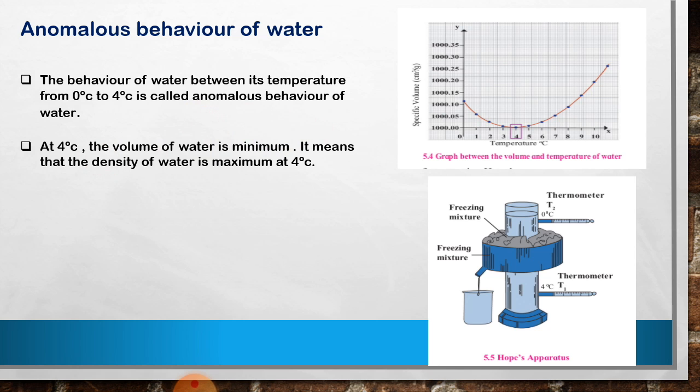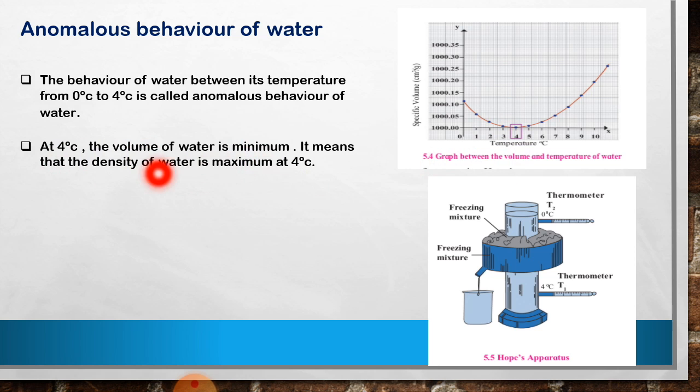At 4 degrees Celsius, you can see in this diagram, the volume of water is minimum. The graph shows the volume of water is very minimum here, which means that the density of water is maximum at 4 degrees Celsius.